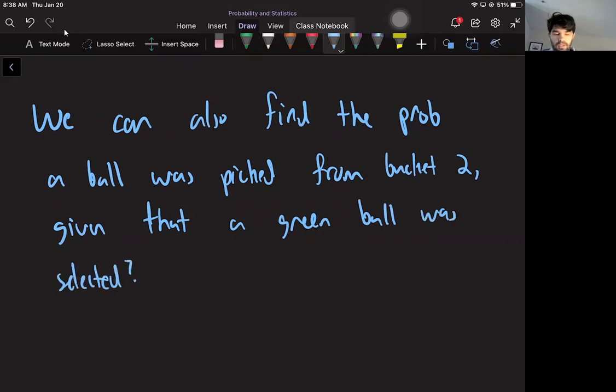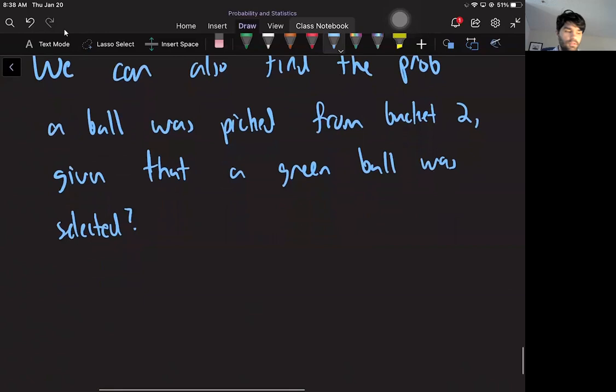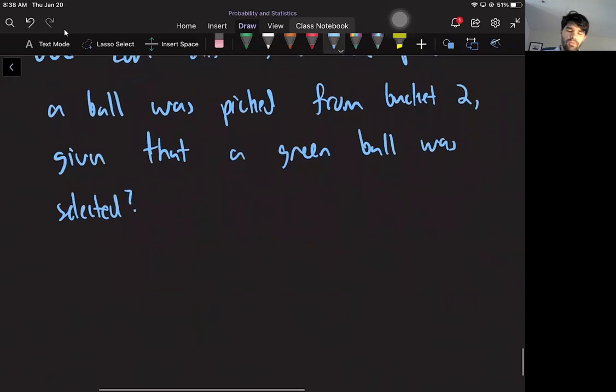So now we did the experiment, we got a green ball, and we want to know what was the probability that it was picked from bucket 2. So it's the conditional probability where we're picking bucket 2 given that we picked a green ball. That's what we're looking for here.